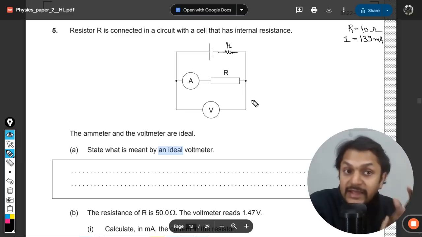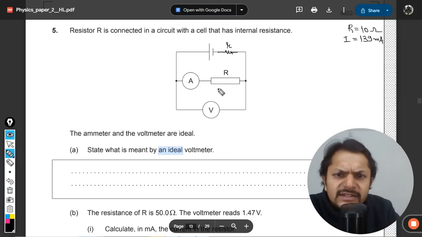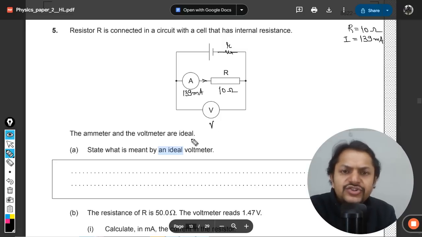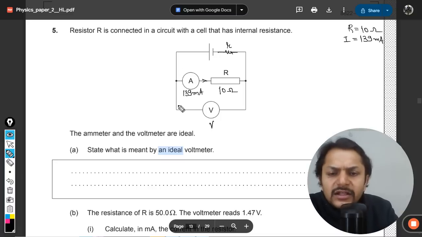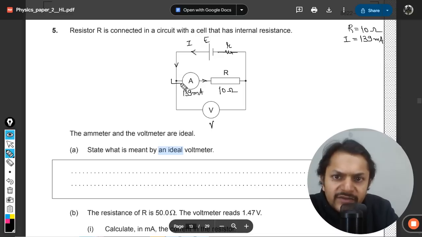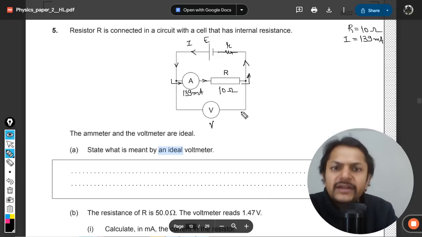Let us now imagine what is happening. This resistor is given as 10 ohm now, and the voltmeter reading is not given, but we can find it, isn't it? The current is given, so the current passing through this is 139 milliampere. Accordingly, I can find this voltage, and the voltmeter is an ideal voltmeter, so the current coming out of this will go like this and enter into the ammeter, complete current, and the complete current will be returned back to the battery.